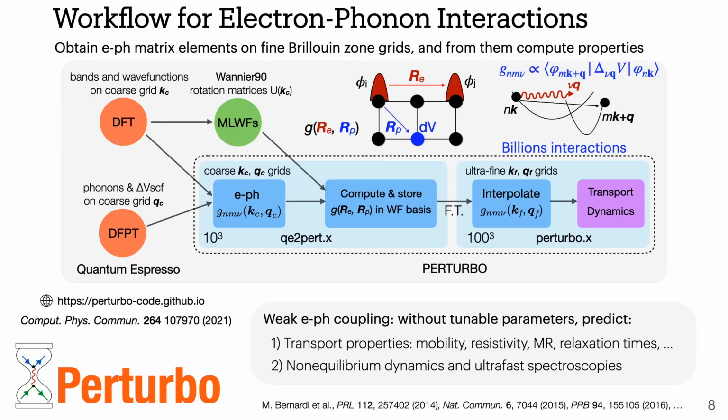The problem is that most observables of interest, both for transport, spin relaxation, and non-equilibrium dynamics, require very dense grids in momentum space, on the order of 100 by 100 by 100 or denser, particularly for materials that have fine features in the Brillouin zone, such as steep bands or Dirac and Weyl cones and so on. So you cannot access those grids by brute force.